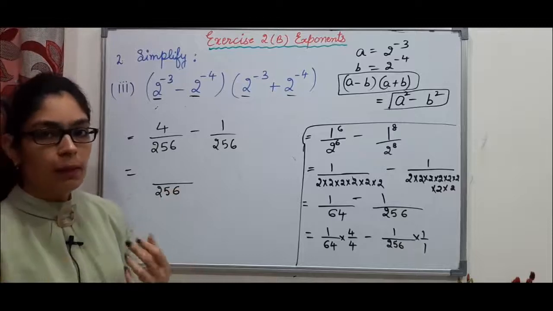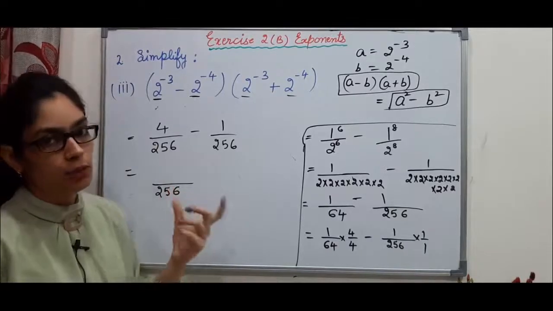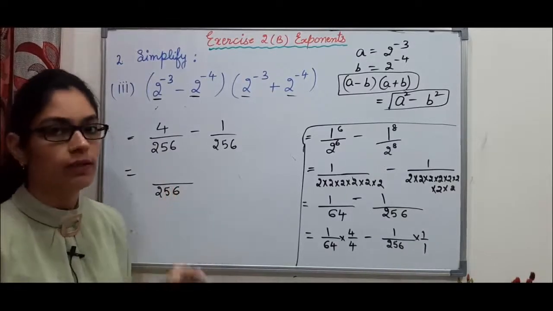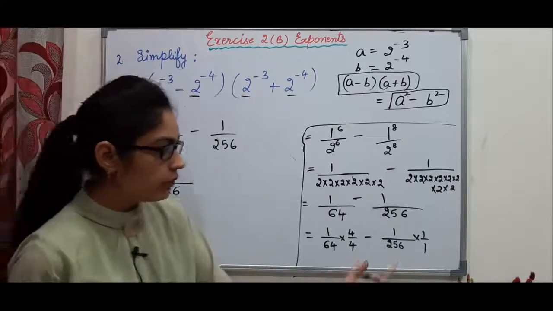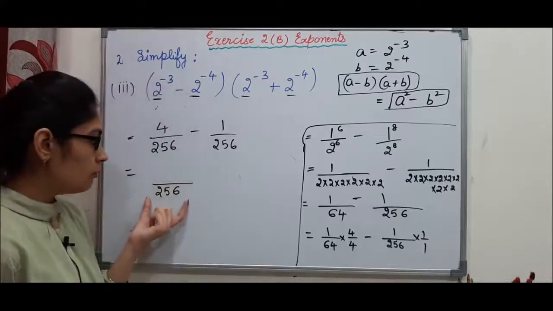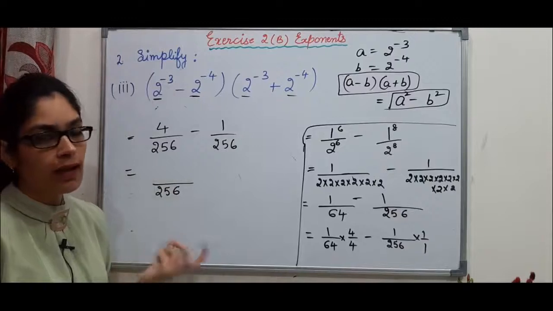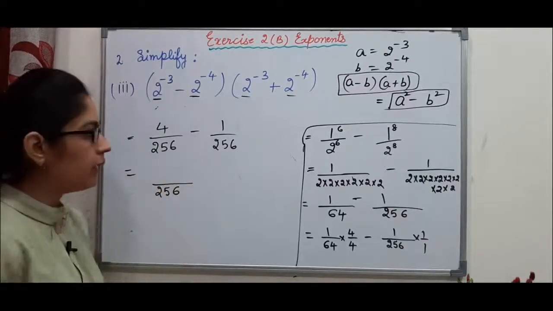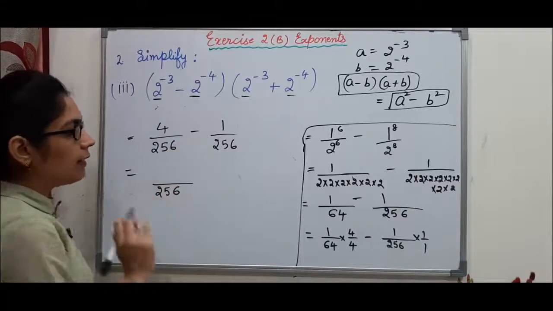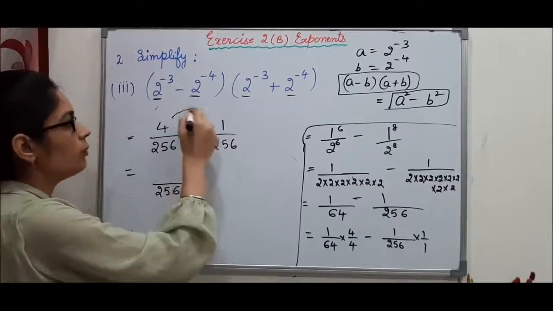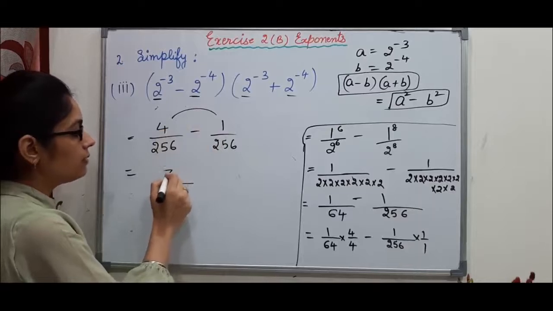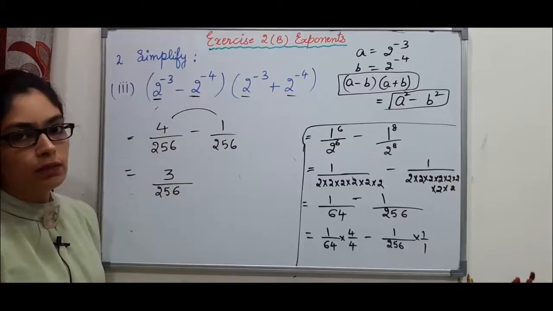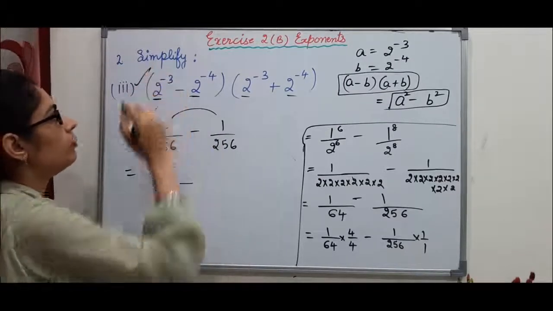In multiplication we have to multiply the denominators, but in addition or subtraction, after finding the LCM, we just write that denominator as the LCM. We don't have to further subtract it or anything. So directly we write the LCM, which is 256. 4 minus 1 is 3. So 3 by 256 is the simplified form of this.